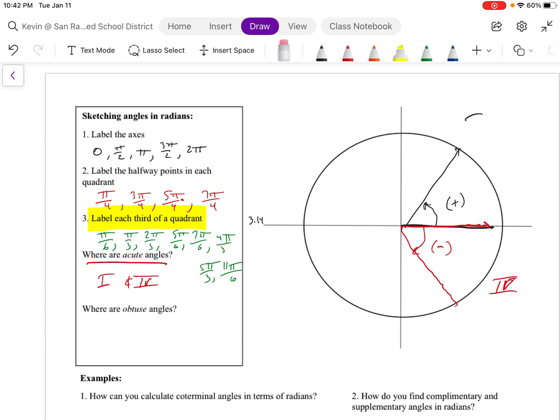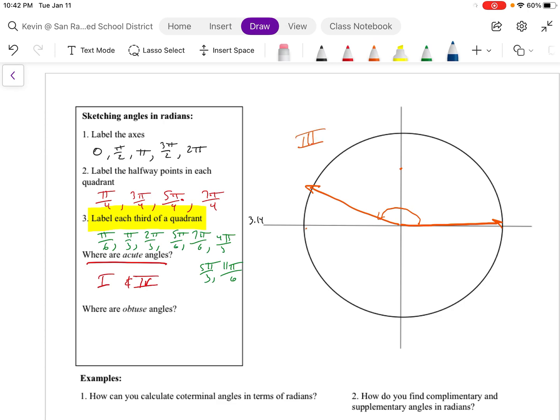Okay. Obtuse angles are between 90 and 180 degrees. So I'm going to draw an obtuse angle here within my circle. There's my obtuse angle, greater than 90, less than 180. We find that in the second quadrant, and again, that's a positive angle. And we can also have a negative obtuse angle where we go clockwise.